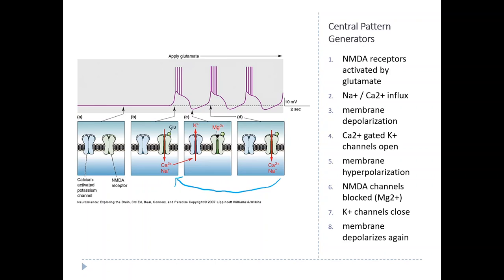Again, these neurons don't need the brain to tell them to produce every individual movement. They just need sort of an on signal, and then they create intrinsically this rhythmic behavior that is necessary for movements like walking.